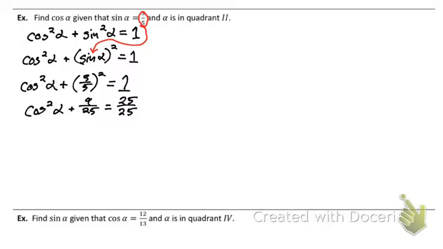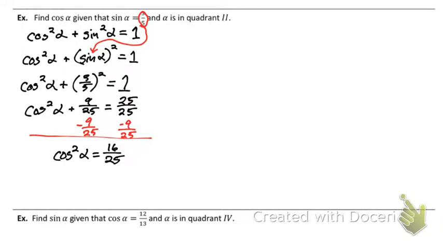All right, so I'm going to subtract 9 over 25 from both sides. And that's going to leave me with cosine squared alpha equals, well, 25 minus 9 is 16 over 25. Are we all okay with what I did so far?